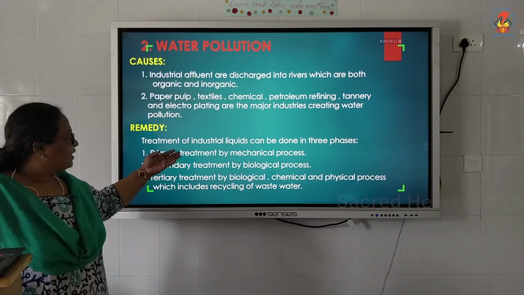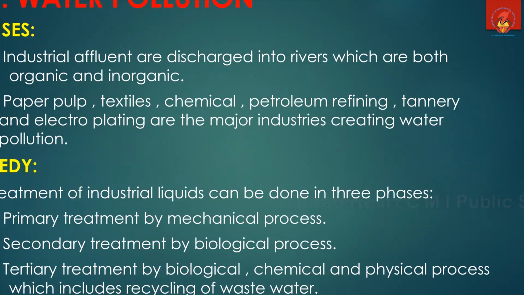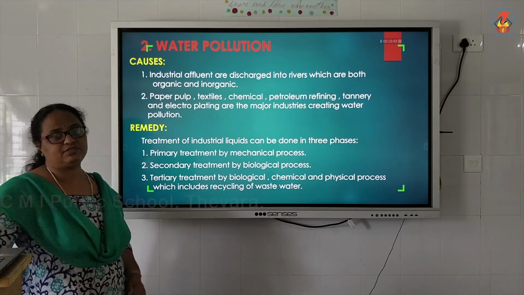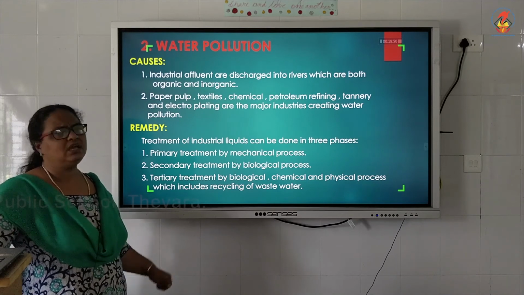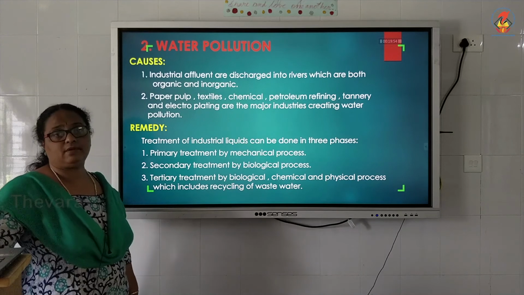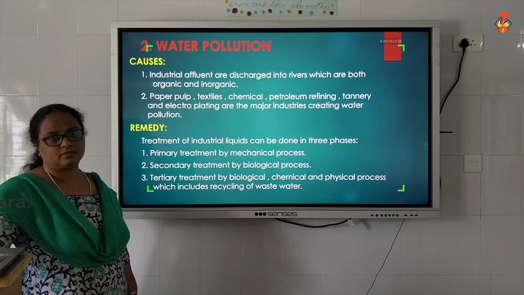First, treatment of industrial liquids has to be done in 3 different phases. What is the first one? The primary treatment by mechanical process. What about the second? Secondary treatment by the biological process.